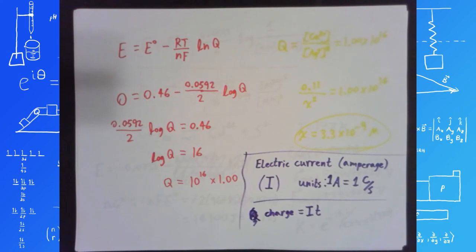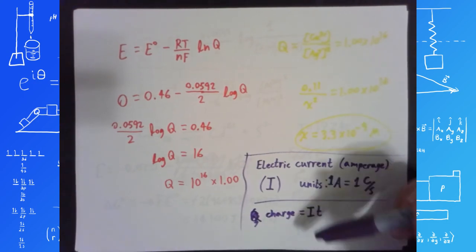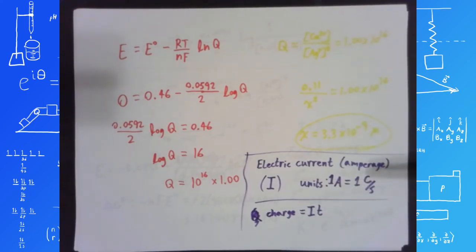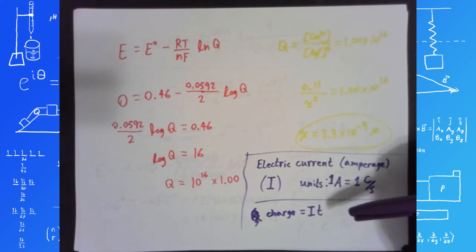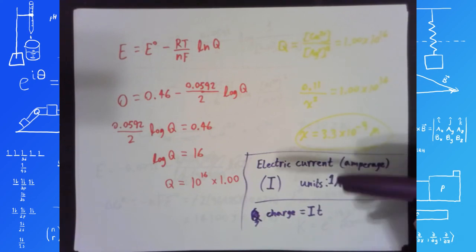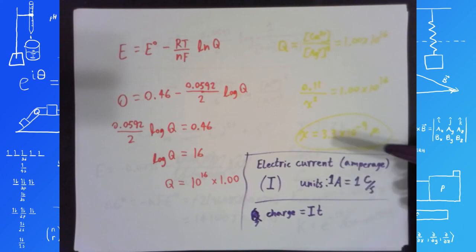Okay, so if we can get our charge in coulombs by multiplying the current with the time, then the only thing left is to figure out how much charge it takes to electrolyze whatever ions you're trying to electrolyze.